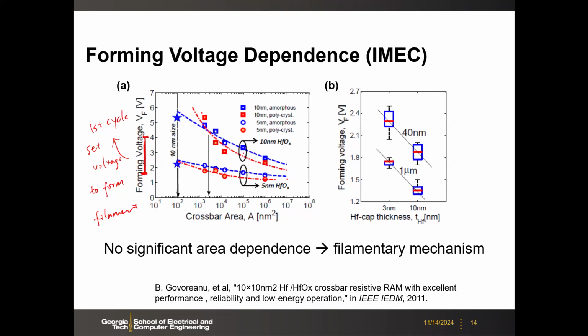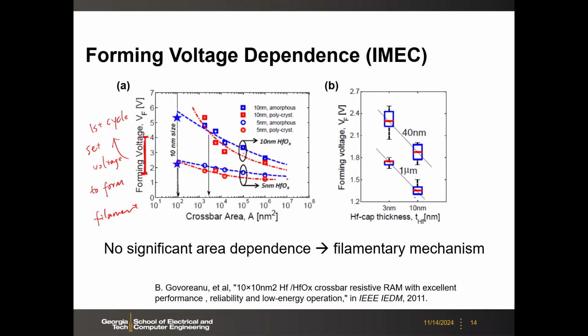But anyways, even today, I can tell you, like TSMC RRAM, we still need the forming process. Well, of course, I can't tell you what the voltage is there, because it's confidential. But I can tell you there's a forming process. Okay, so here the forming voltage also depends on the thickness of the capping layer.